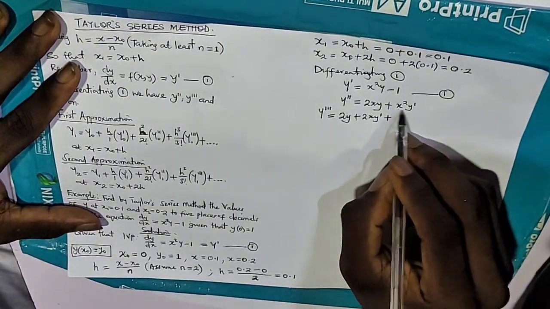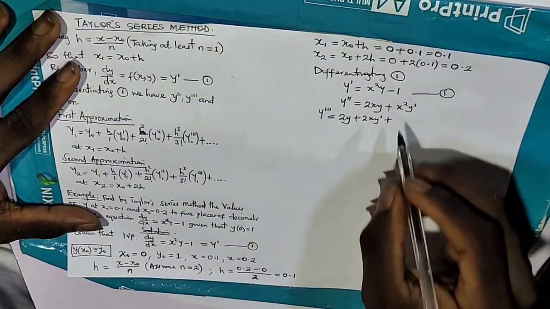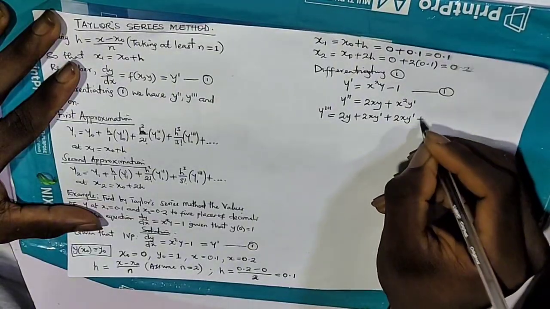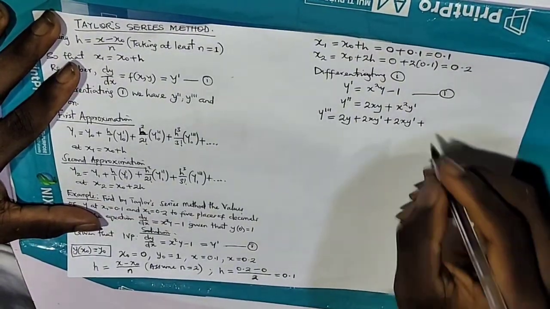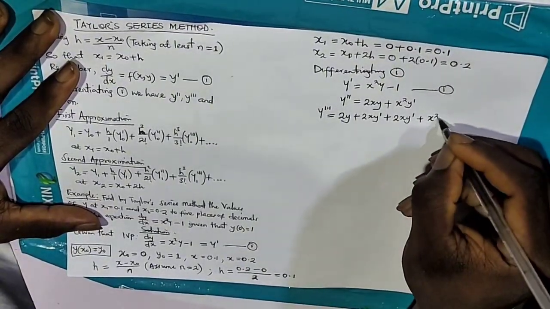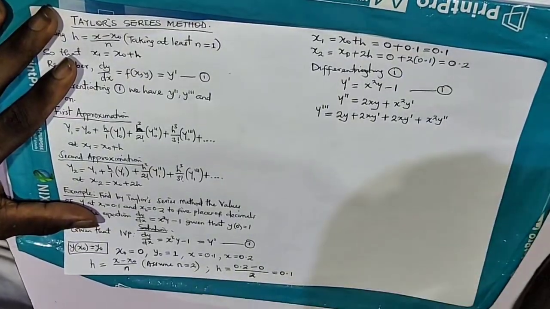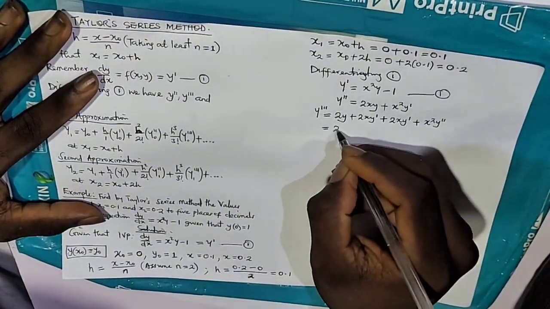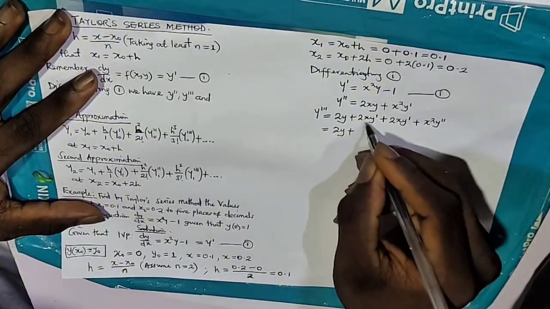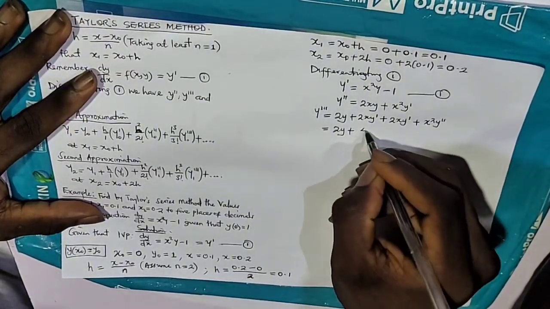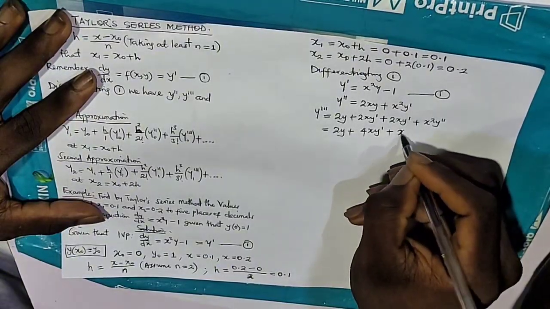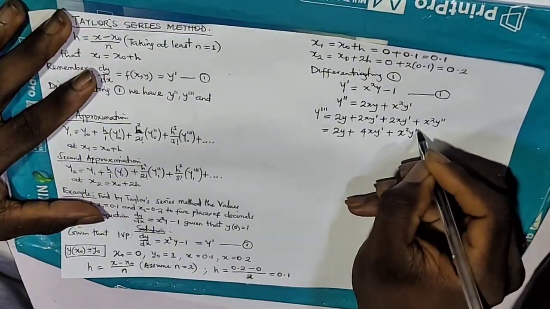Plus, when you differentiate this with respect to x, you have 2xy prime, right? With respect to y, we are going to have x squared y prime. Okay. All right. So we can rewrite this by saying 2y plus 2xy prime plus 2xy prime will give us 4xy prime plus x squared y prime.